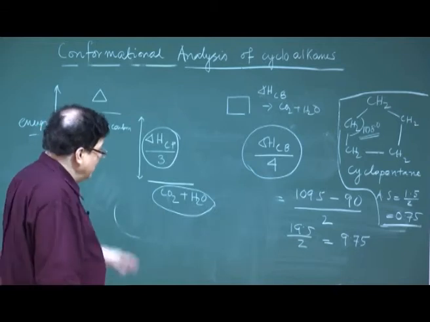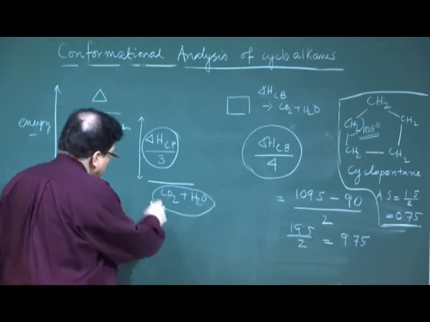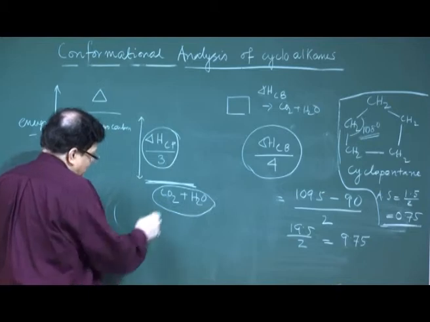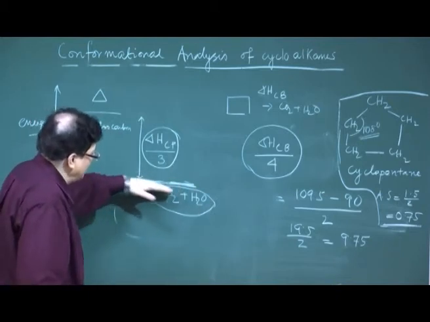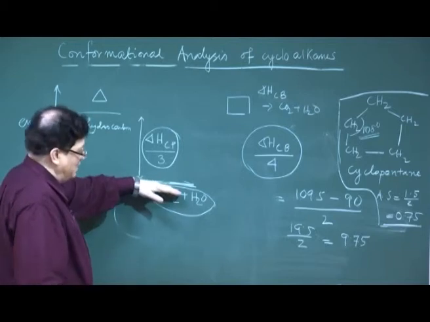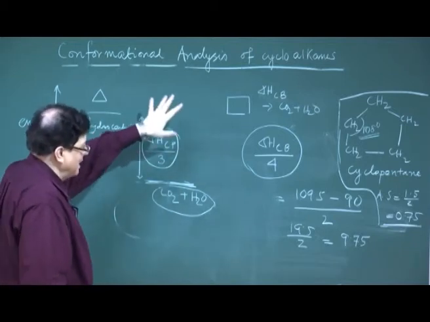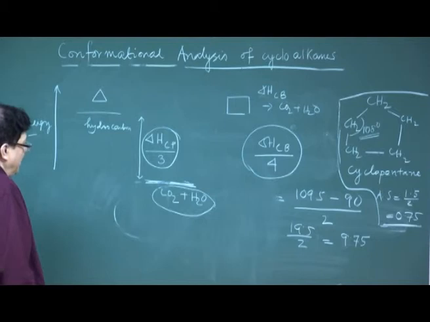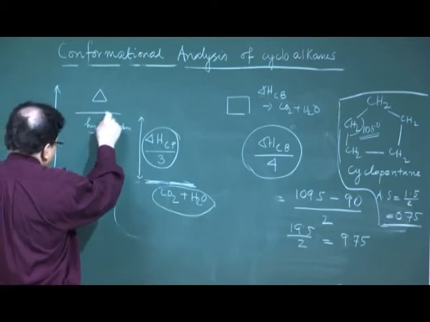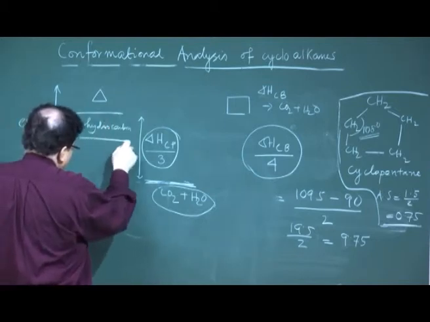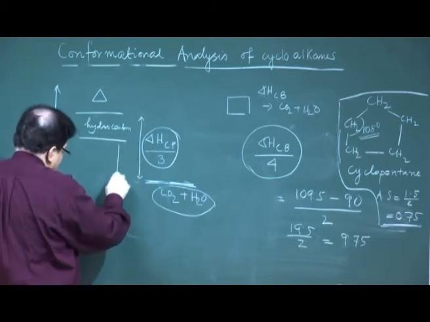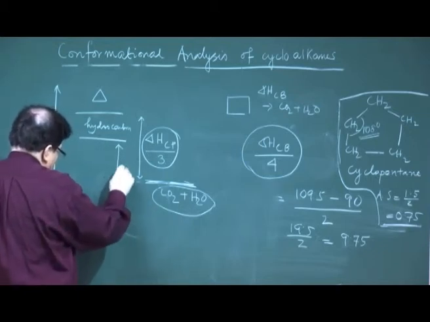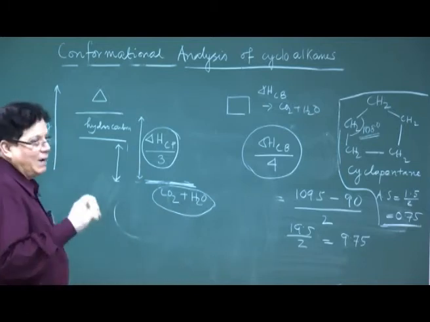So, now you can compare, because both are giving the same product. So, this energy level is at the same position irrespective of cyclobutane or cyclopropane. Only thing is that if cyclopropane is here and cyclobutane is here, then there will be less energy liberated when you burn cyclobutane.